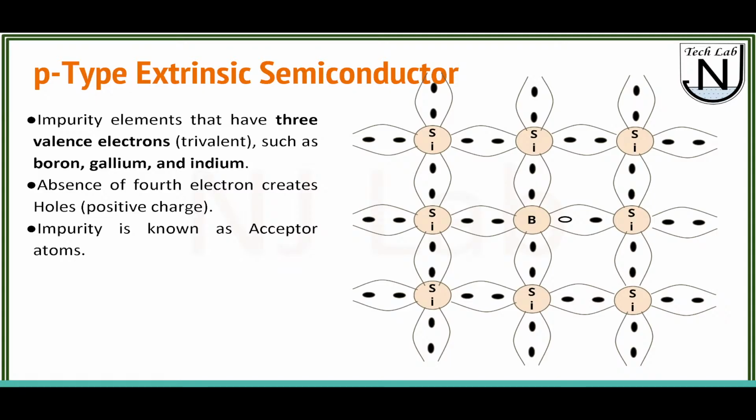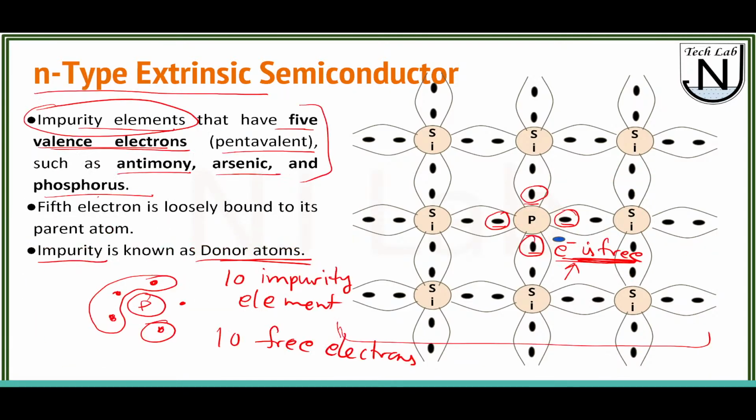Now coming to the p-type. So overall, what we did in n-type is we just added the impurity having 5 valence electrons. Due to the 5th valence electron, we have one free electron available, and this free electron contributes to the current.